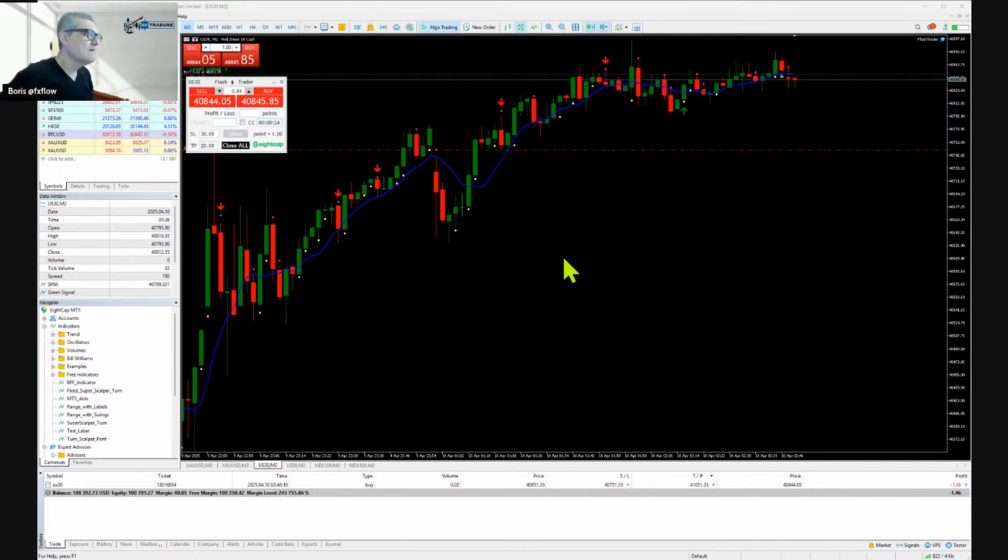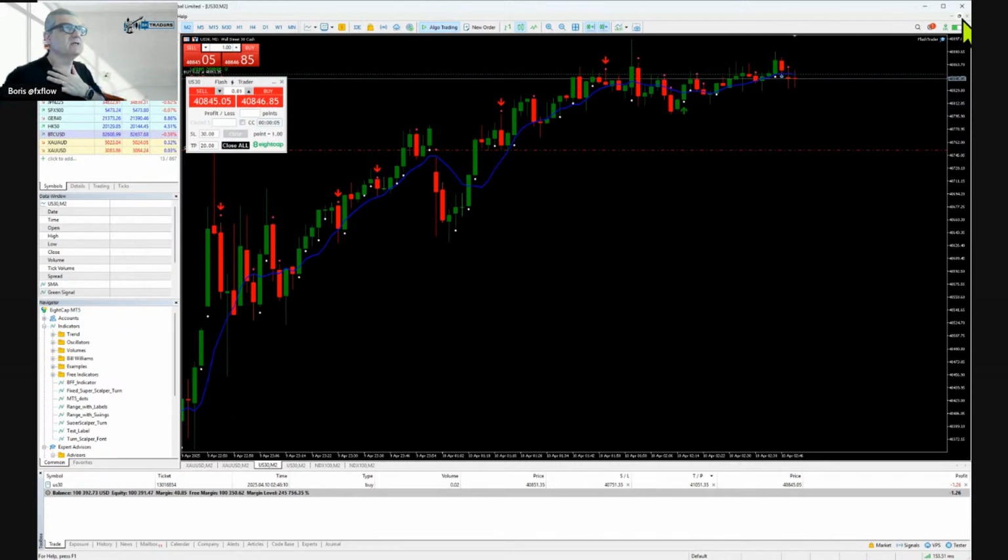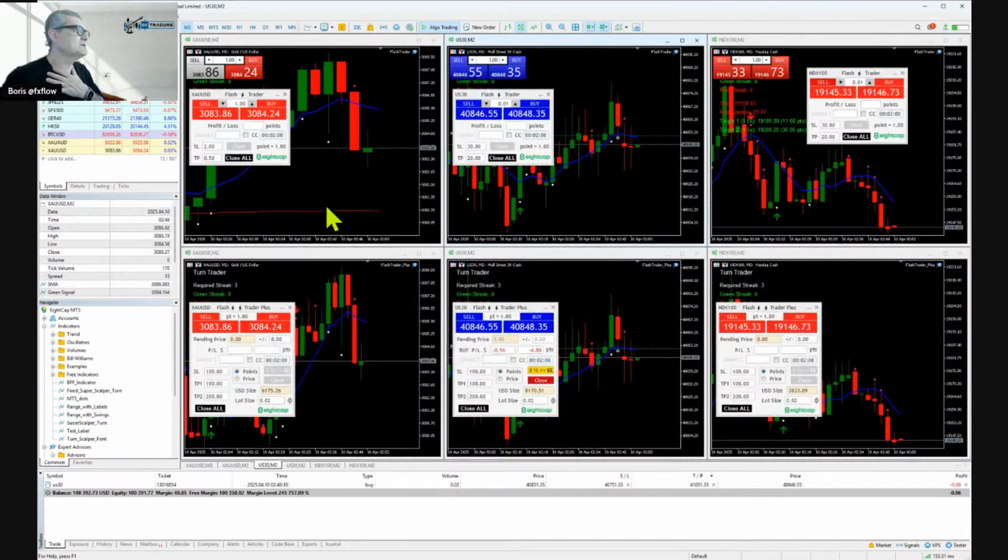Oh, thick. Okay, let's make it white just so I can see it. Wow, that's weird. I don't know why it's not showing up on this chart. That is bizarre. We'll just let that go. We're going to assume that it's a positive trend for now.